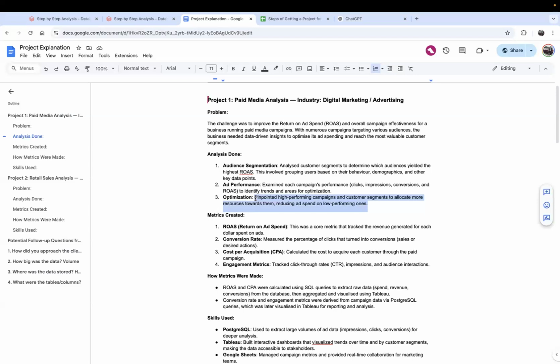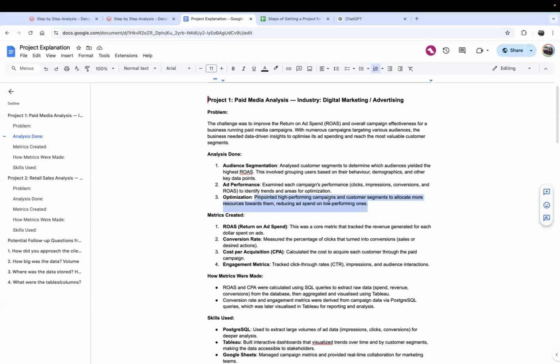If they are very interested in that 3% or 4% contribution, they can improve it, enhance it, and run a feedback analysis for it. But if their major turnover comes from data analytics, then they can invest more money there and leave the course which is not giving the outcome. Same like this, pinpointed high performing campaigns.